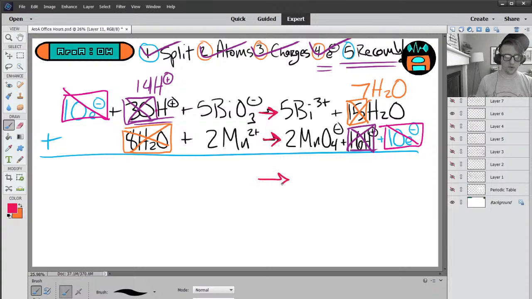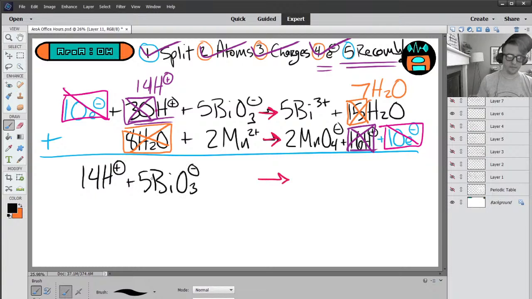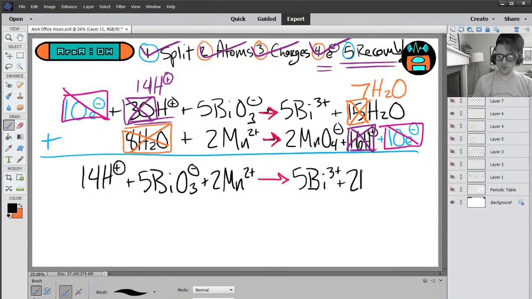So let's take a look at what we're left with. On the reactant side, we have 14 hydronium ions plus 5 bismuth, or BiO3 minus, plus 2 manganese 2 ions, producing 5 bismuth ions, plus 2 permanganate ions, plus, and I'm a little bit out of room, so I'm going to scoot this over.